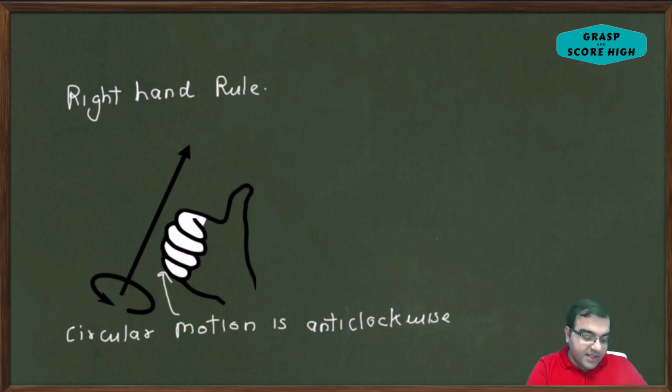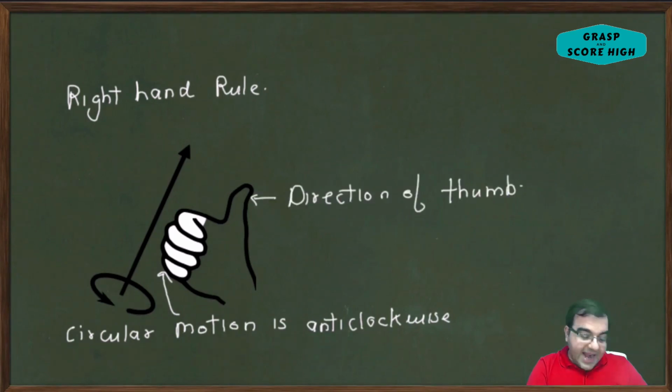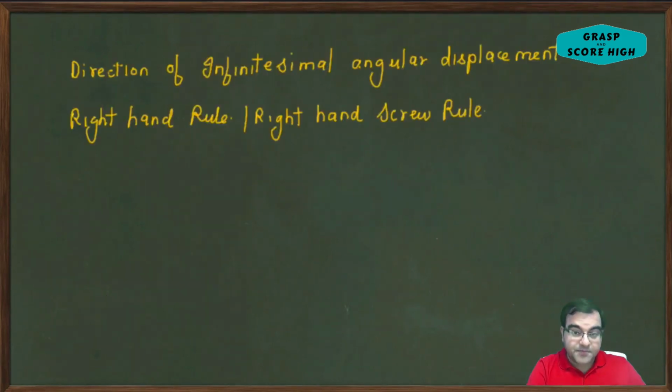So the finger movement tells you the circular motion is anti-clockwise and the direction is given by the thumb. So again, this is another rule which helps us find the direction.